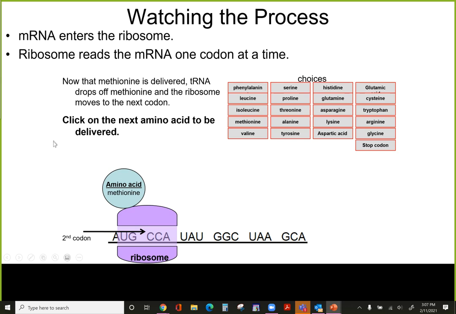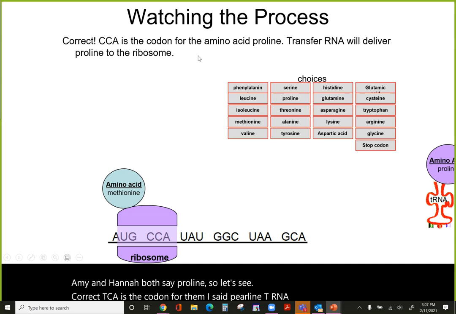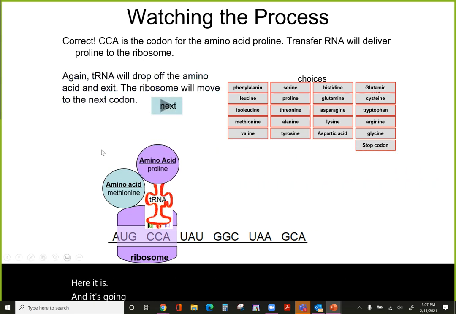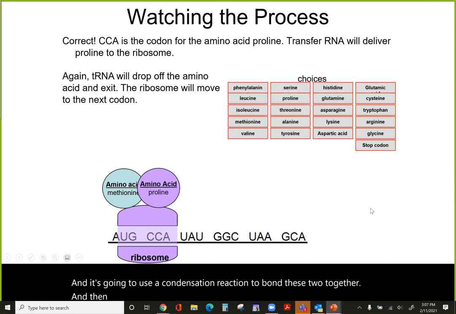Amy and Hannah both say proline. Correct. CCA is the codon for the amino acid proline. tRNA is going to deliver proline, and it's going to use a condensation reaction to bond these two together. And then that tRNA is going to leave.